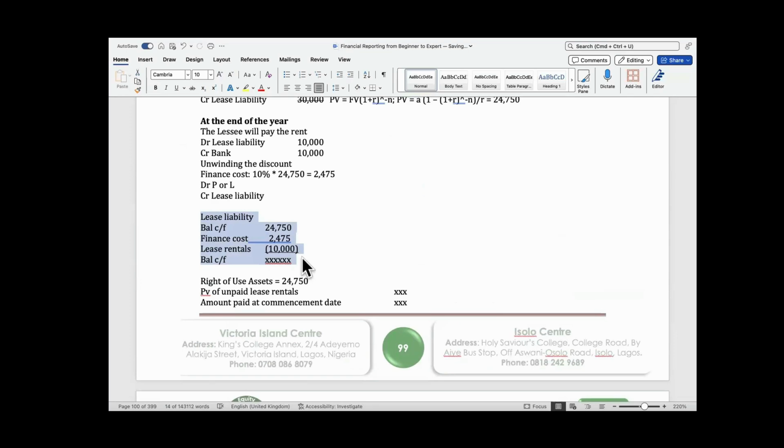If you want to call it that, no problem, but that is not what it's called. We don't have a name for it. It's just a table to calculate the present value of the lease payment, just to get the balance of the liability. It's just a schedule.